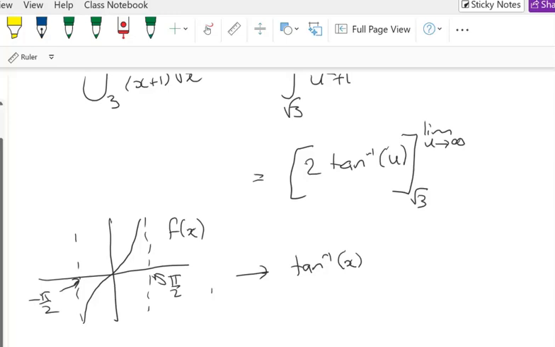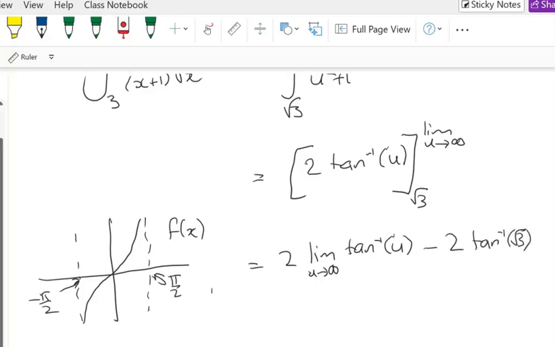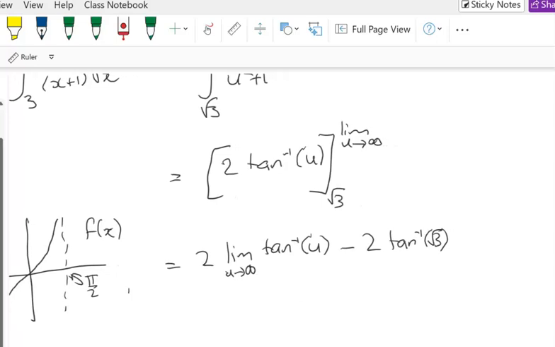But it's easier when you're working with tan inverse just to say the angle whose tan is this, right? So let's back up a little bit and say that here we've got 2 times the limit as u tends to infinity, tan inverse u, minus 2 times the angle whose tan is root 3.